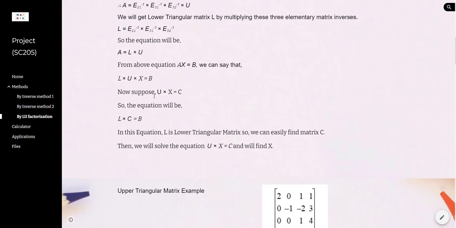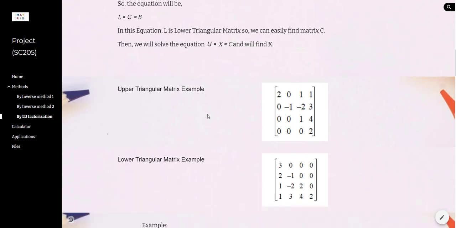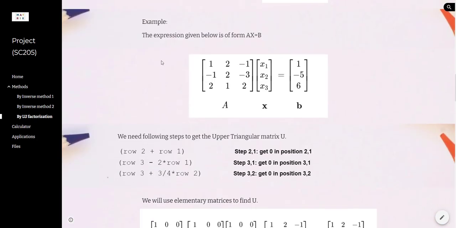Now suppose UX = C. So we can prove that LC = B. In this equation, L is lower triangular matrix, so we can easily find matrix C. Then we will solve the equation UX = C and we will find X. Here is the example of this method.